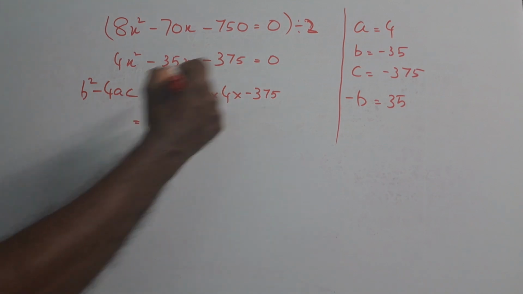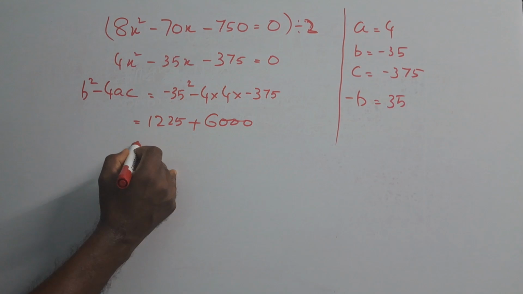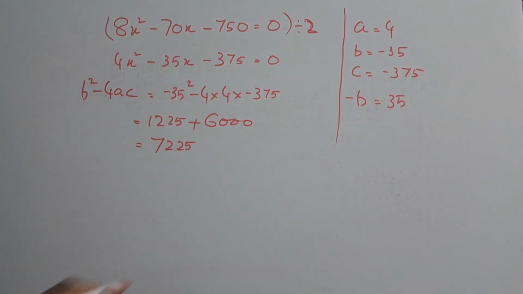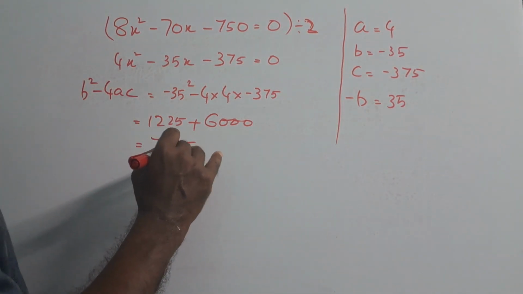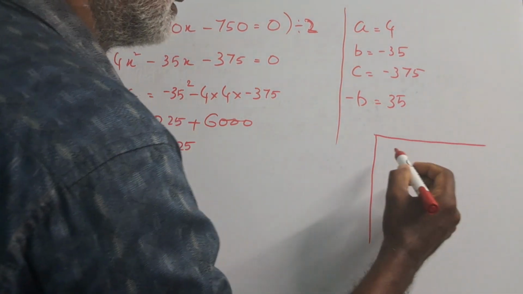When you multiply all these, you get 6000, equals 7225. So I will find the square root of 7225 for you by division method.